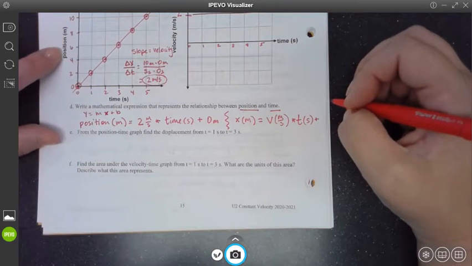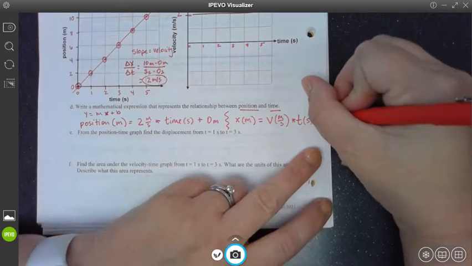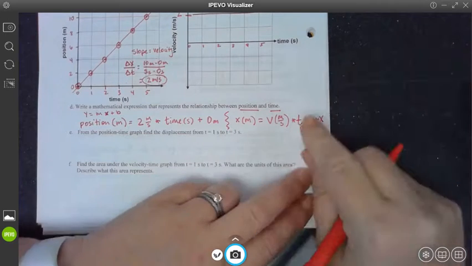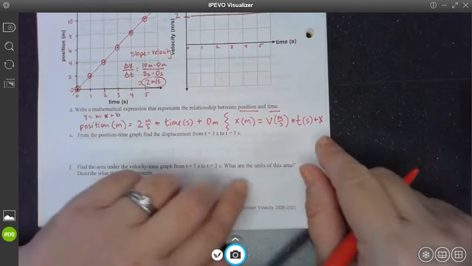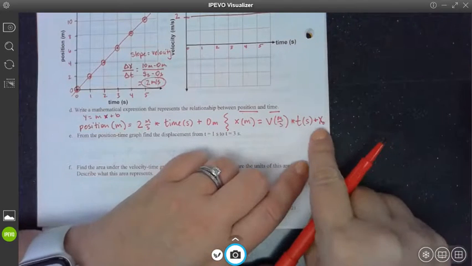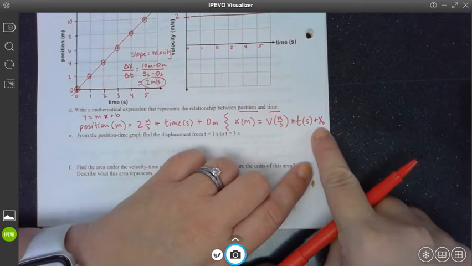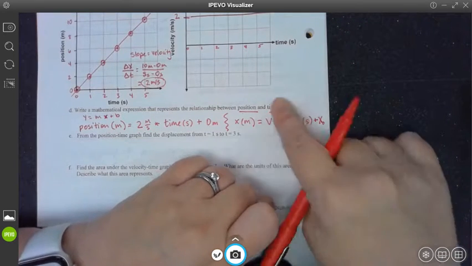Because our intercept here is going to be our starting point. So since it's a position, we're going to use x because that's the symbol for position. And then a subscript 0, which means it's the position when you start. It's your position when time is equal to 0. So this is a more general form of that.